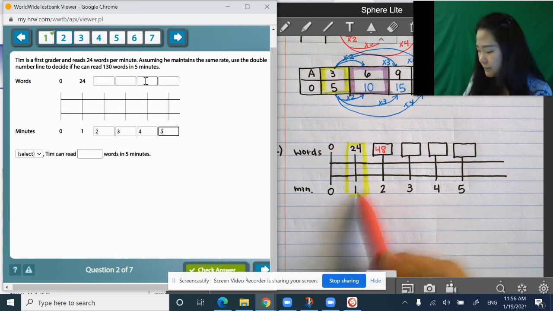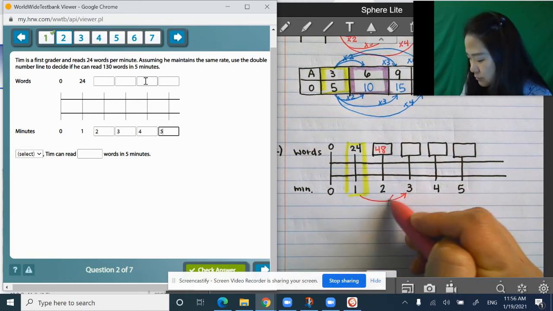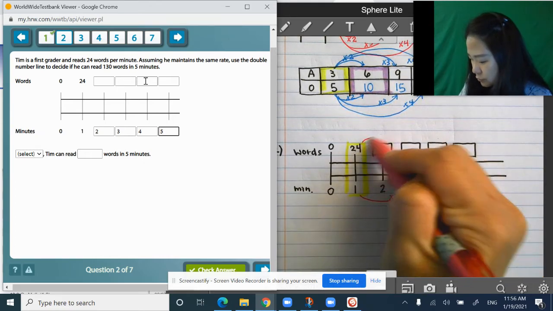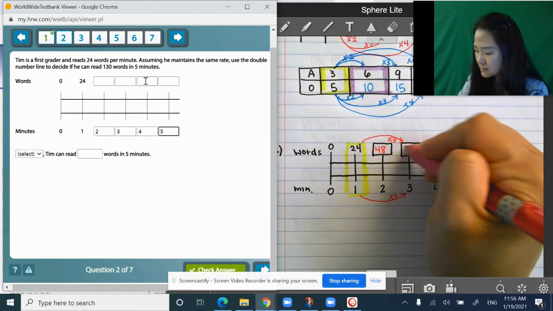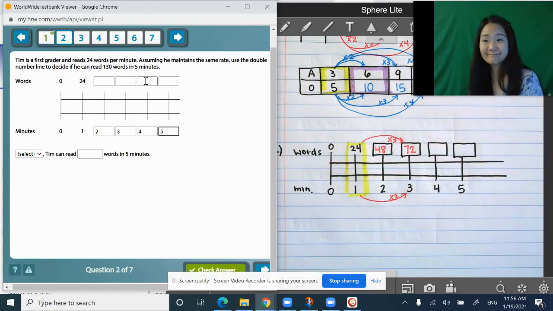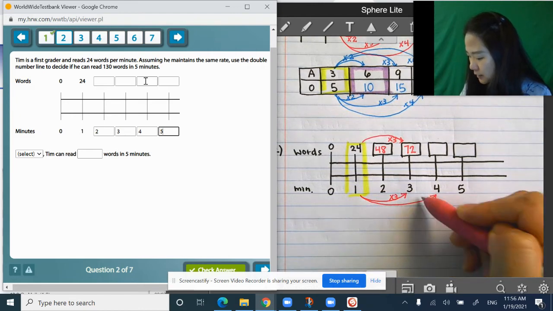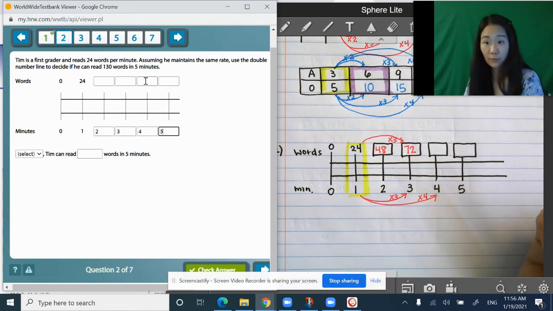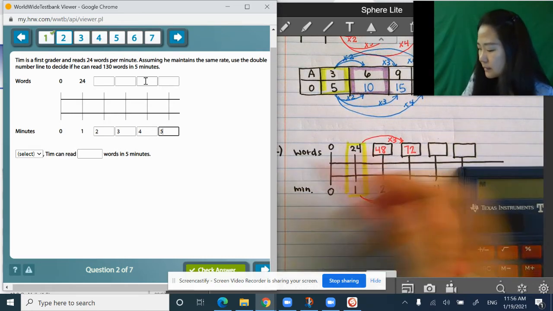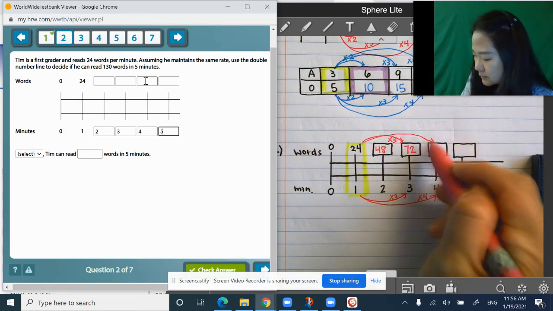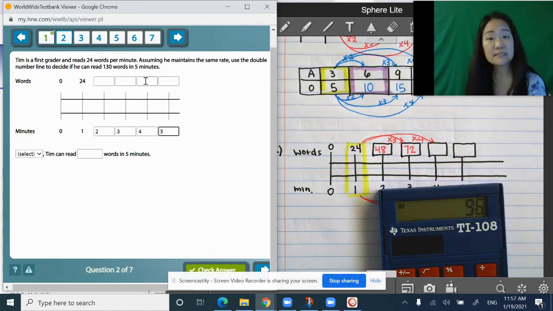Always going back to the original rate or ratio. 1 times 3 is 3. So 24 times 3 is 72. 1 times 4 is 4. And 24 times 4 is 96.